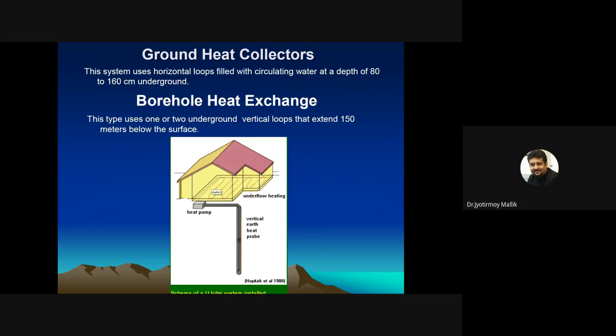To install this system takes a lot of money. That means hot water actually runs beneath the house, beneath the floor, and that keeps the temperature a little bit elevated. And when the outside is minus 15, minus 20 degrees centigrade, you like to walk on a floor which is slightly warm. It's a luxury.